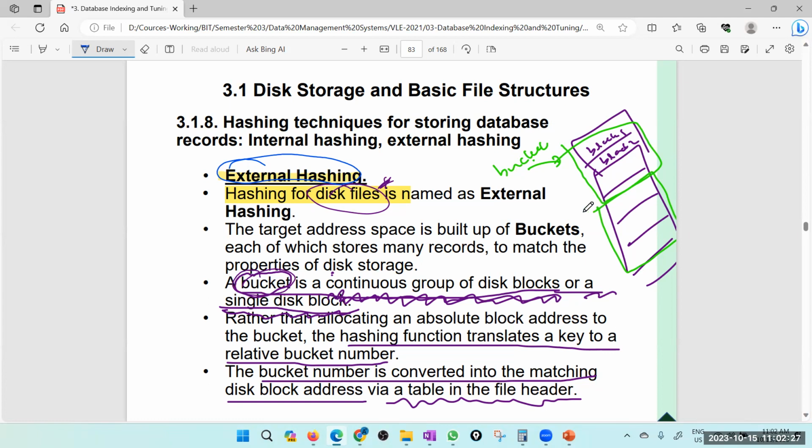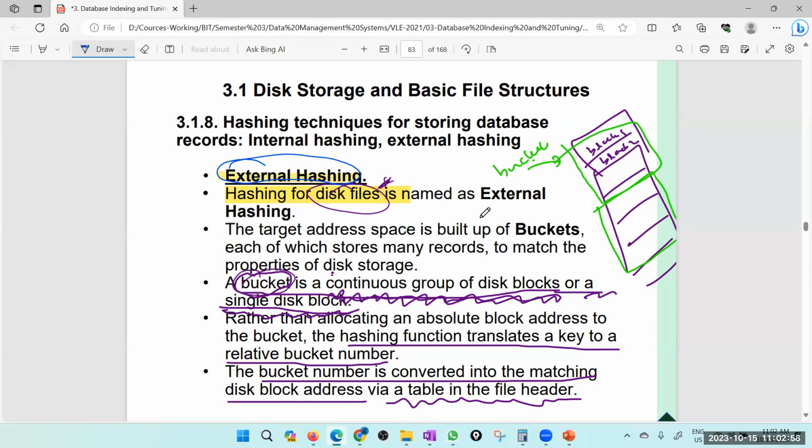Maybe bucket number 2 refers to block numbers 4, 5, 6, and so on. So your hash function gives you a bucket number, and that bucket has multiple blocks. Therefore, when you are looking for a record, you get the bucket number, then you look for the first block in that bucket. If it is not there, the second block in that bucket, and so on. Maybe you have 5 blocks in a bucket.